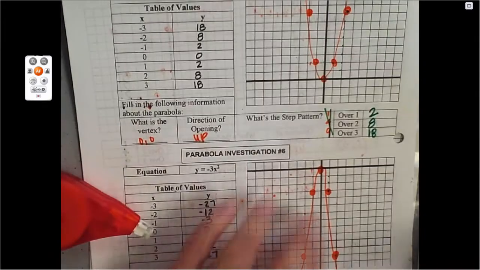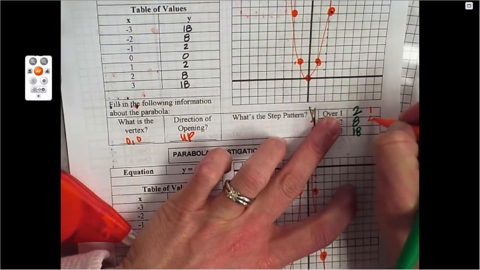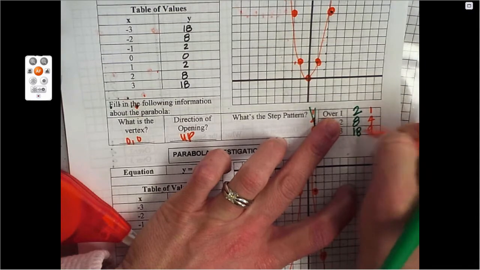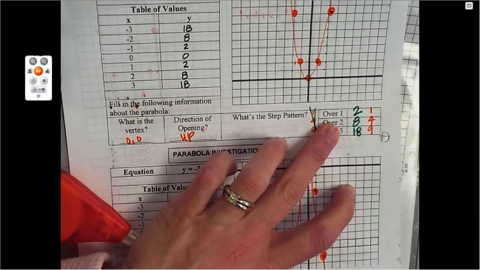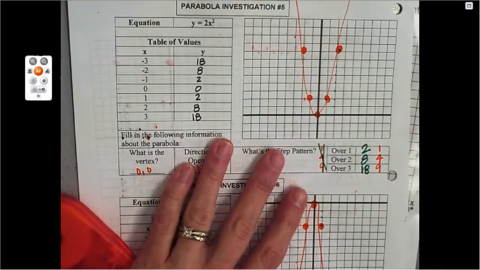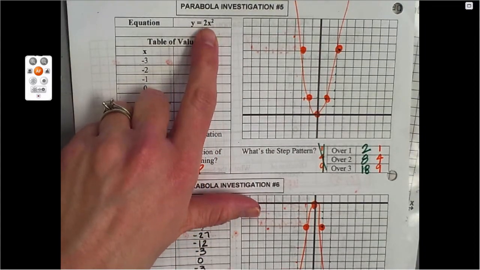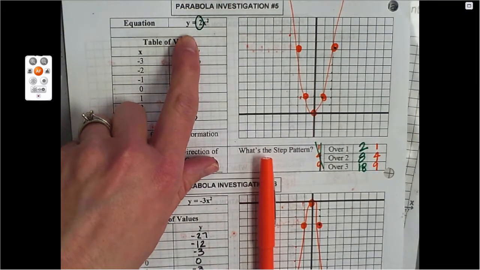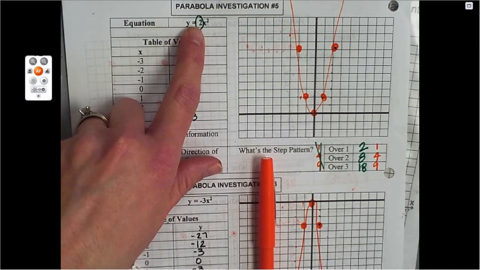So what makes this go 1, 4, 9 and bump up to 2, 8, 18? What's the only number in this equation? 2. Look here. The number in the front changes the step pattern. That's what you multiply the step pattern by.